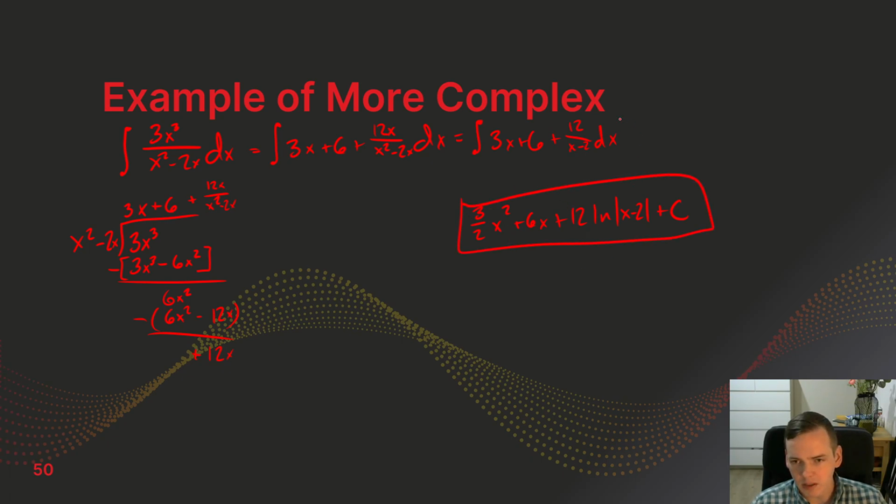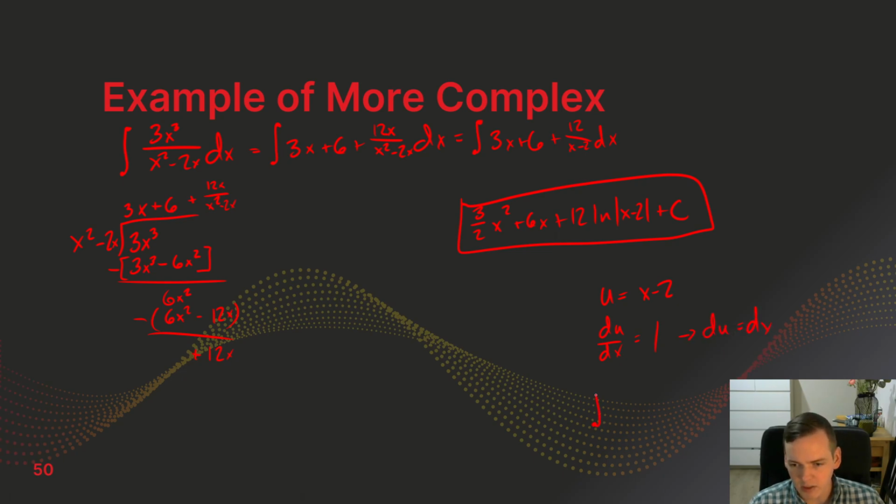If I skipped through that a little too quick, I'll just redo the last bit here. If you're comfortable with how that substitution went, you can go ahead and skip to the next video. But for those wanting to see the substitution, u is going to equal x minus 2. So du/dx will equal 1, which implies that du equals dx.